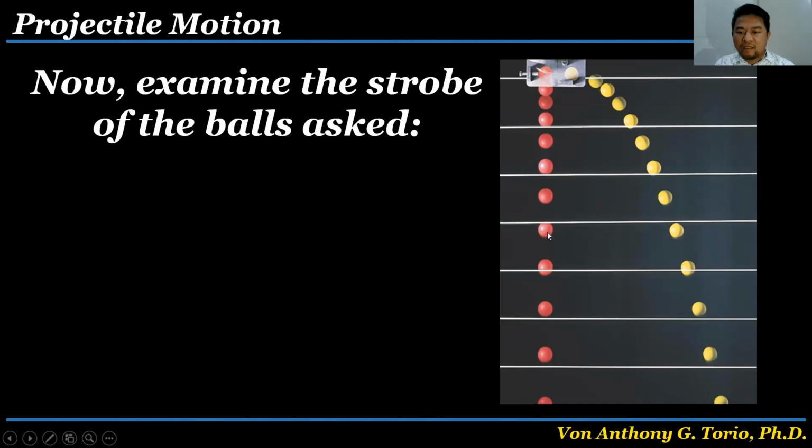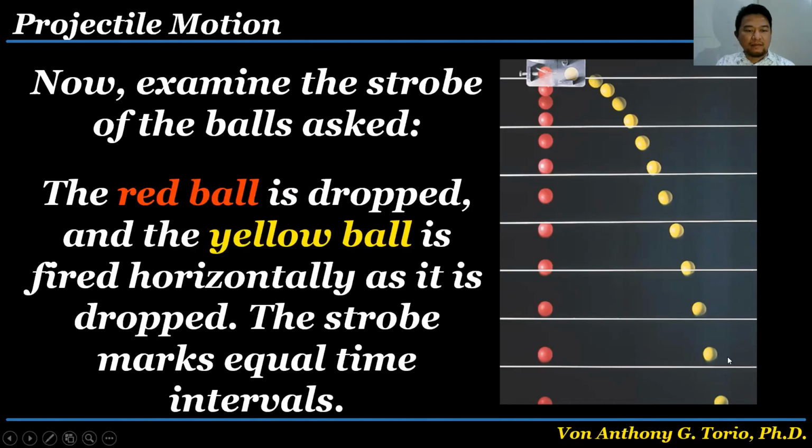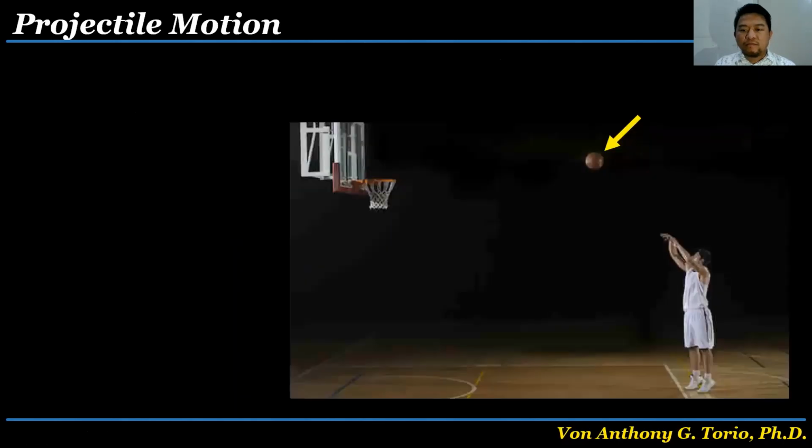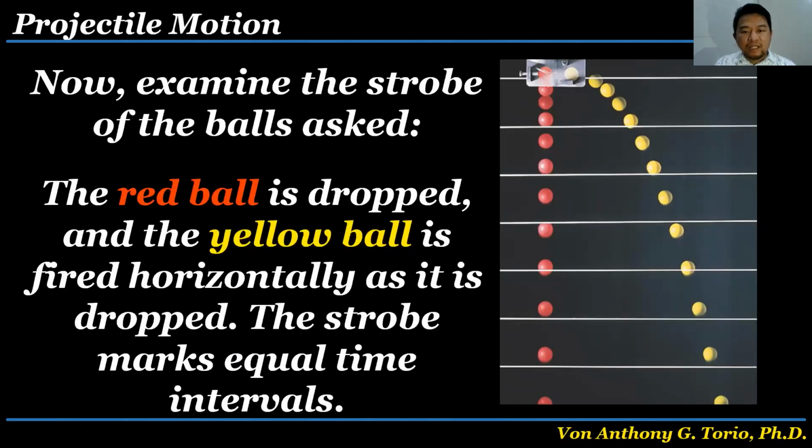They're falling at almost the same rate. Notice that the red ball is dropped and the yellow ball is fired horizontally. In that presentation, the balls have almost the same rate of fall.